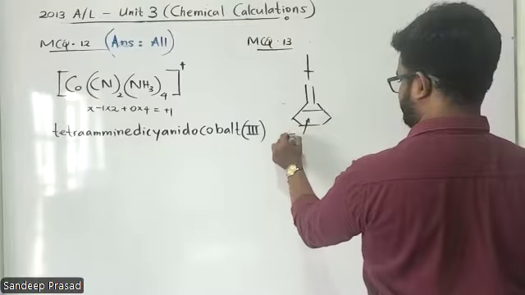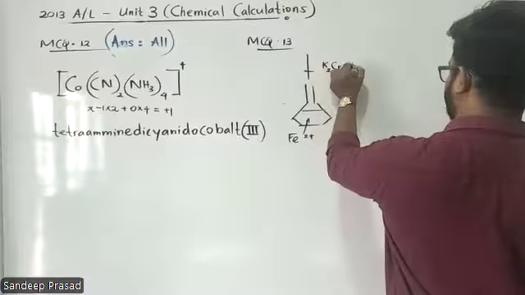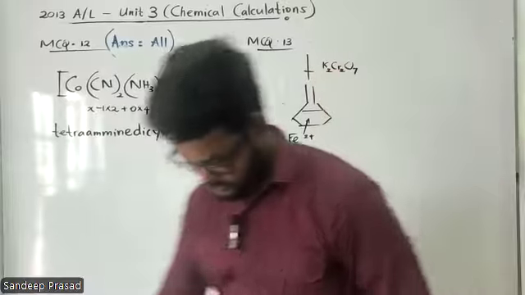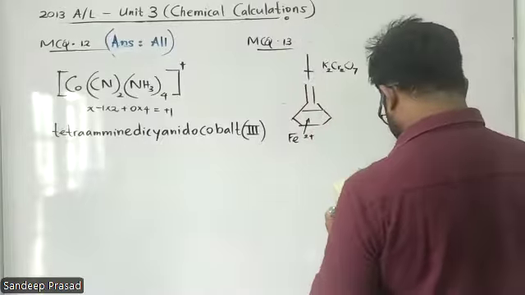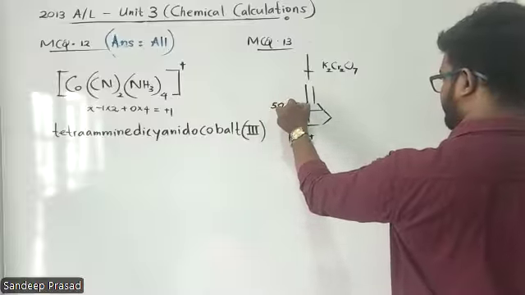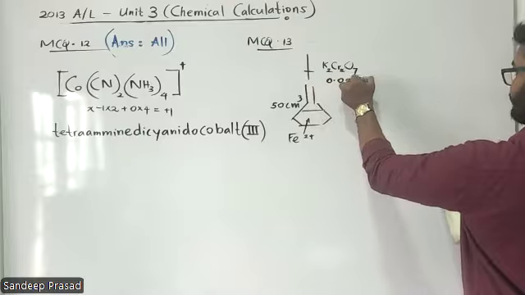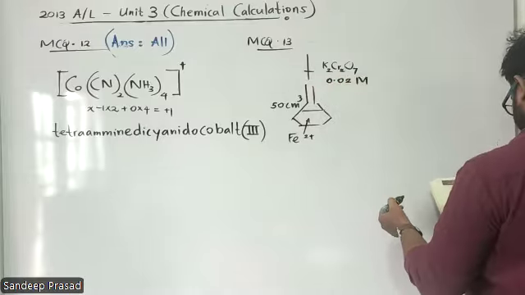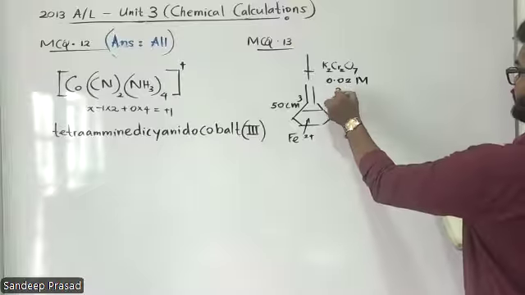So in this solution, we have Fe2+, potassium dichromate, K2Cr2O7. So a 50 cubic centimeter sample of a solution containing Fe2+ is titrated with 0.02 moles per cubic decimeter in acidic medium. The volume of dichromate consumed was 25.